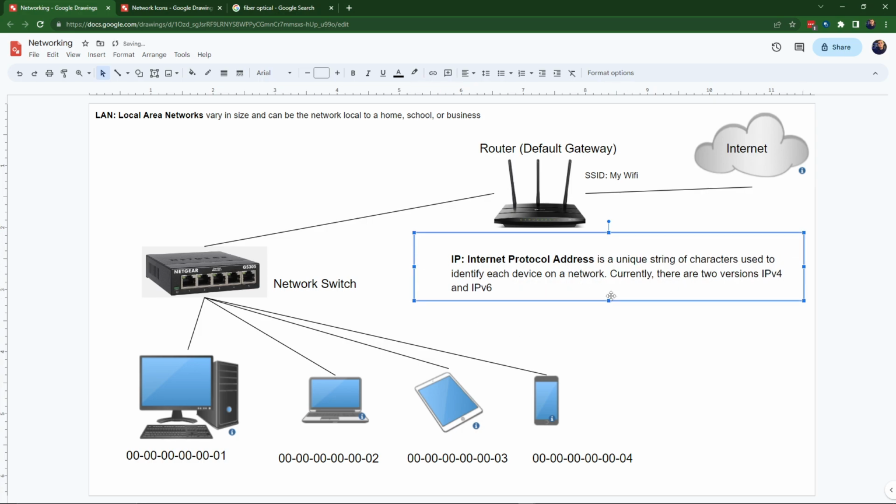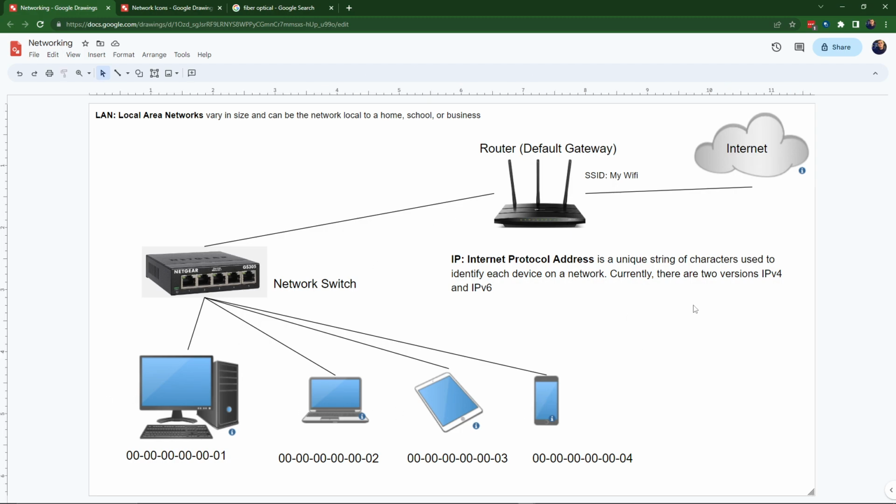And basically there are two versions of this. There are IP version 4 and IP version 6, and I'll explain the difference between those in just a second. But this is a unique string of characters used to identify each device on the network. So your router has an IP address, and each one of these devices will have an IP address. And that's what the internet protocol is for, so we can identify all of these devices.